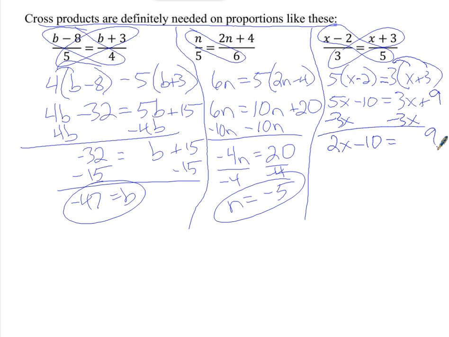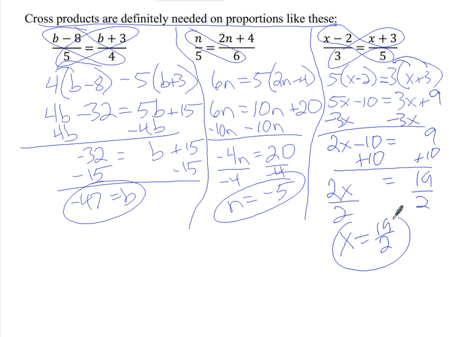Now what? Add 10 to both sides. And we get, and now divide both sides by 2 and we get x equals 19 halves. That's your answer. Make sure you distribute fully to every term.